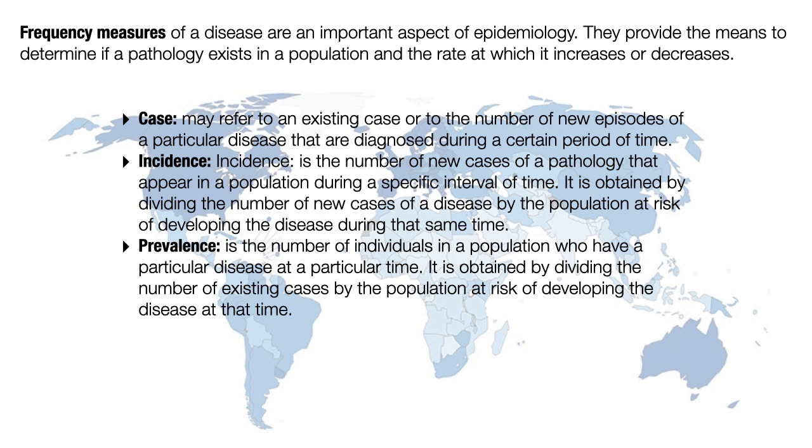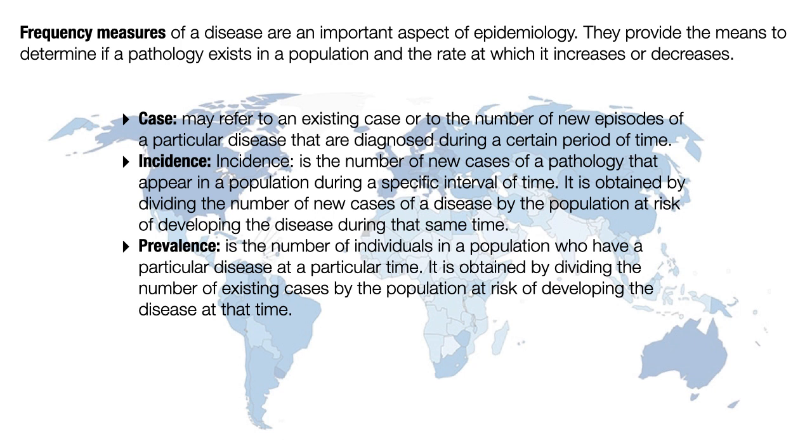And in relation with epidemiology, the frequency measures of a disease are probably the most important data to know how the disease is behaving. In relation to COVID, you have probably heard about incidence, which is the number of new cases in a given interval.